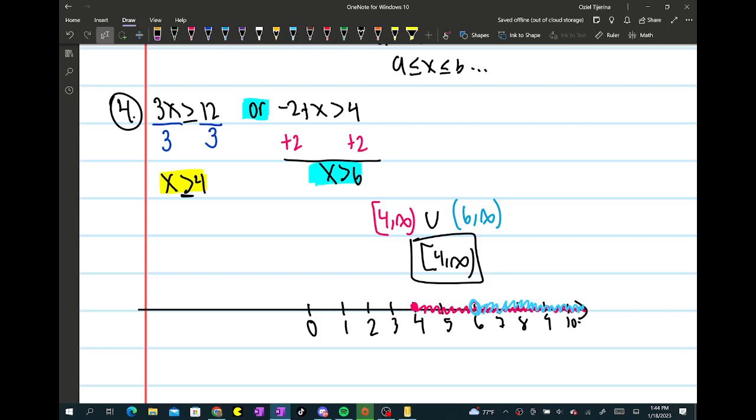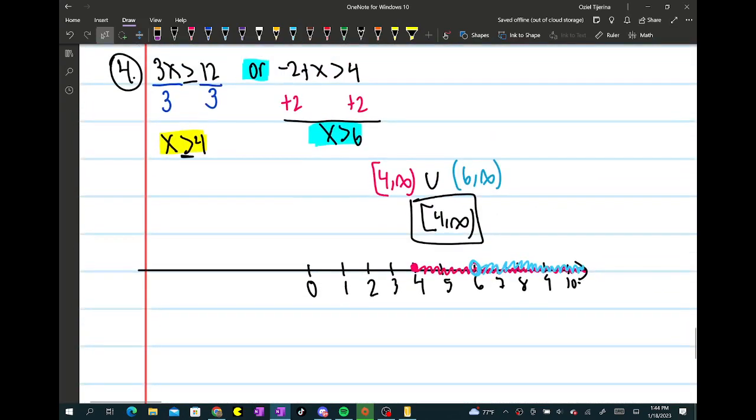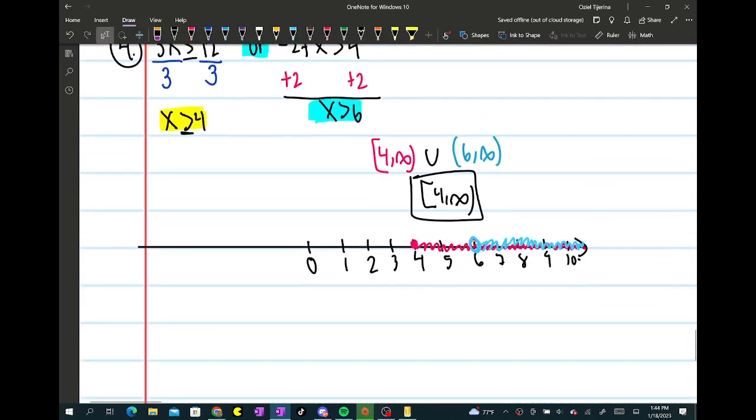I don't really know how else to explain it. This one was a little bit difficult to do, but that is basically the answer for this problem. And if you graph it, it'll show you that in both inequalities they're both shaded.